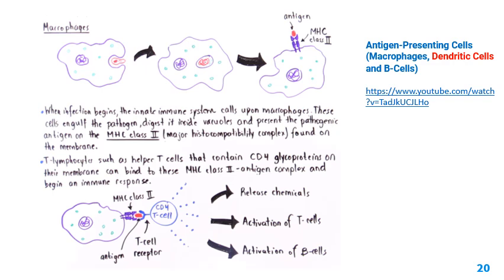Helper T cells are very good at secreting interleukin 2. And then, of course, the T cell is going to get activated. After that, they are still going to go around and activate the B cells. But there's more to the story.